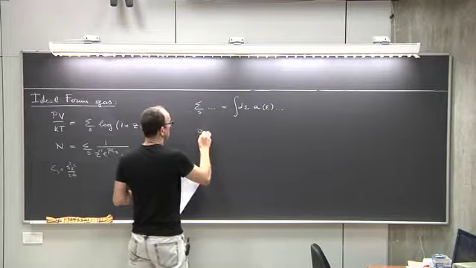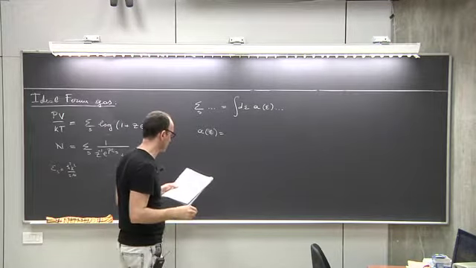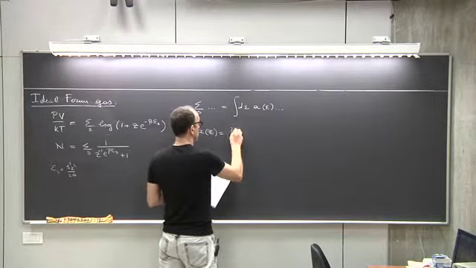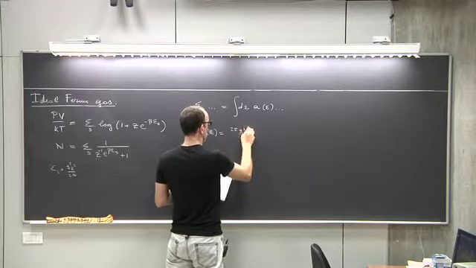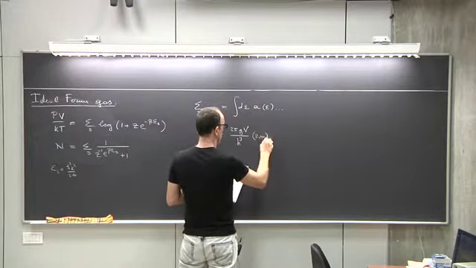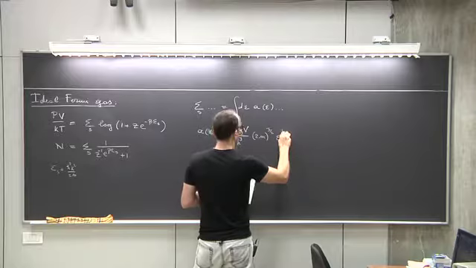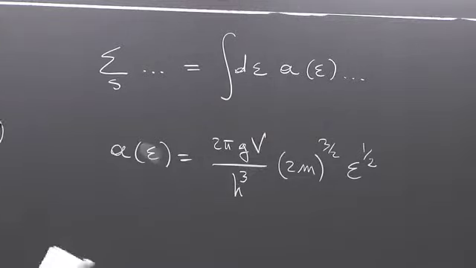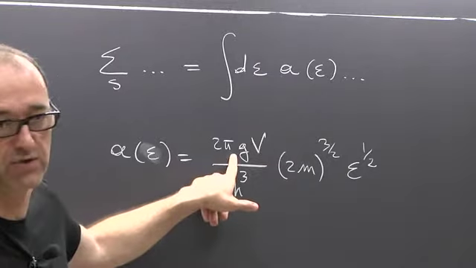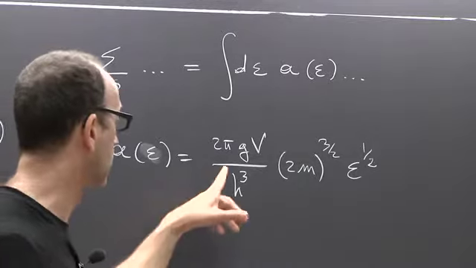And the density of states is derived in the usual manner and is 2 pi, okay, where with respect to the previous case I have introduced the factor G, and this is accounting for the degeneracy of each quantum state for the internal degrees of freedom of the particles.